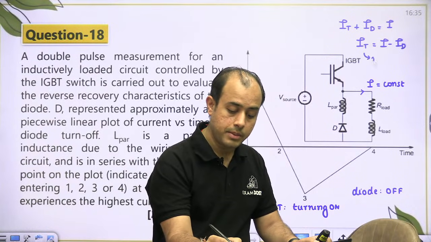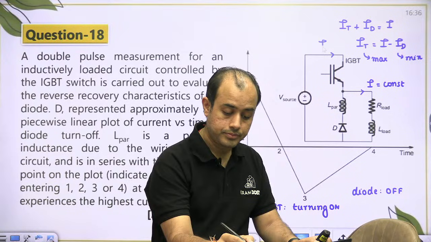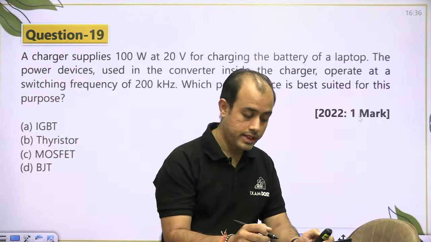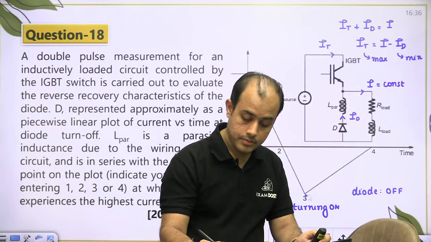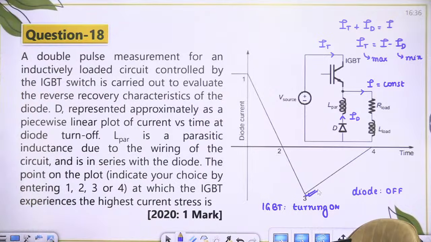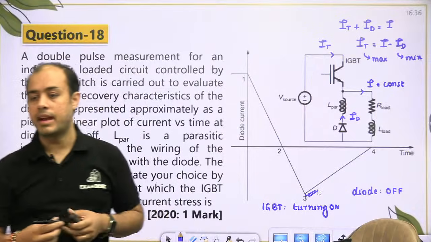So this will be maximum when this will be minimum. So answer should be 3. 3 पे आएगा, when the diode current is minimum, the switch current will automatically be maximum.